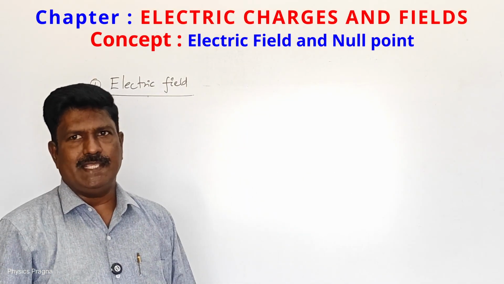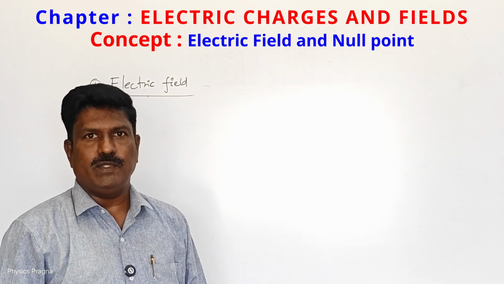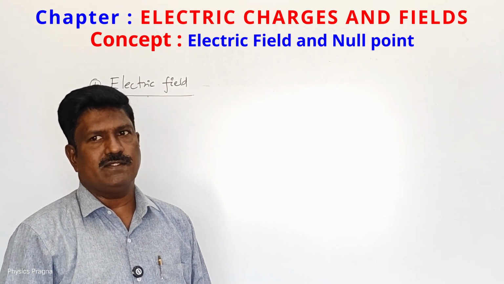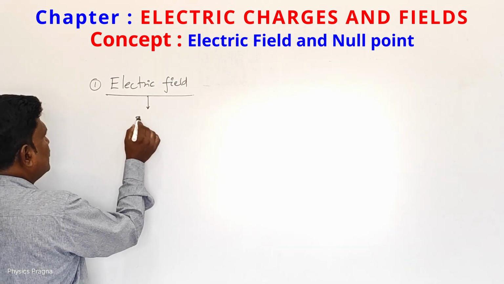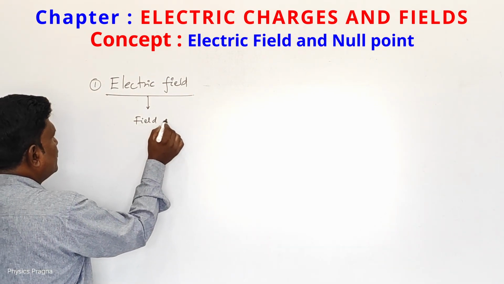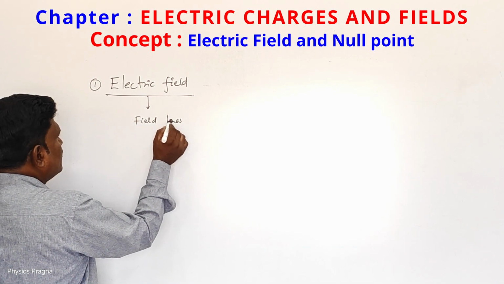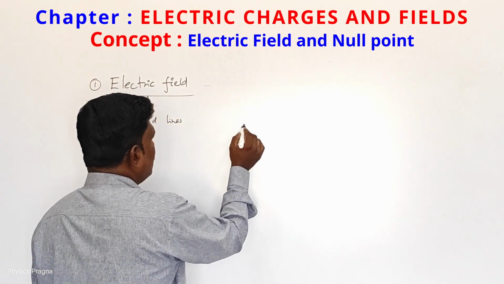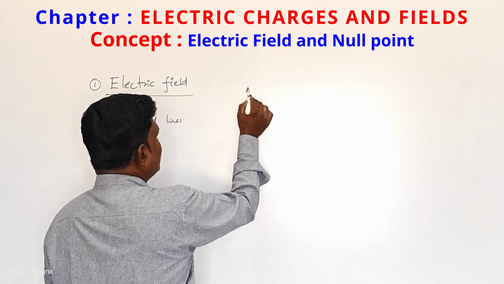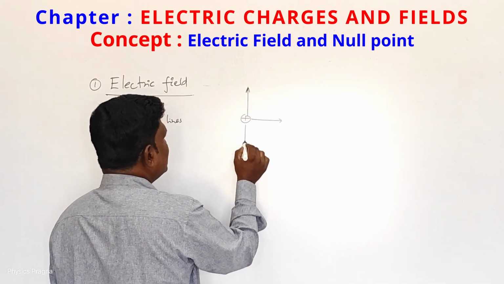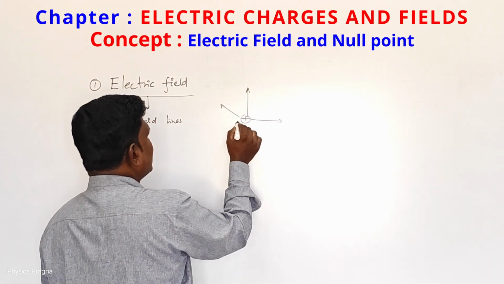We cannot visualize the electric field, so we draw electric field lines so that we can understand the electric field. We know how around a positive charge these electric field lines spread in all directions.